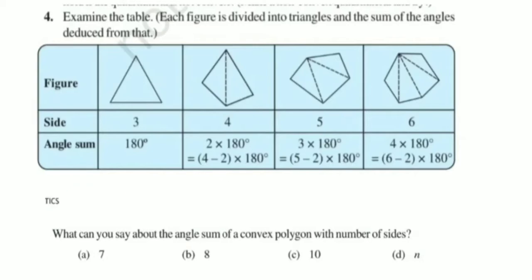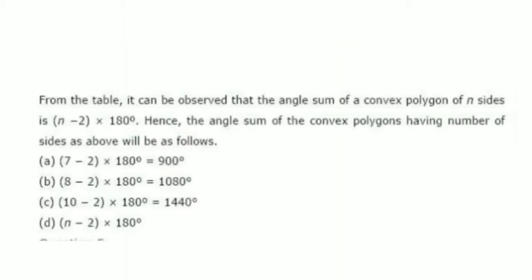What can you say about the angle sum of a convex polygon with number of sides? First is 7. So from the table, it can be observed that the angle sum of a convex polygon of n sides is (n minus 2) into 180 degrees.